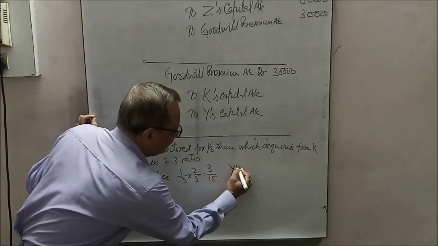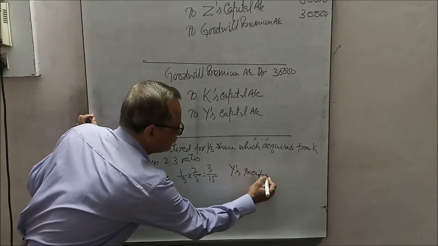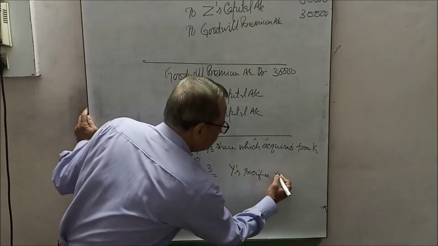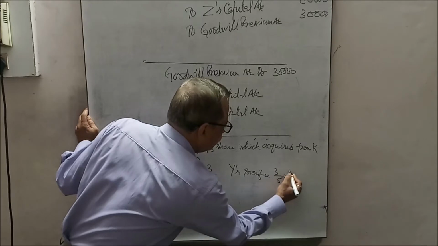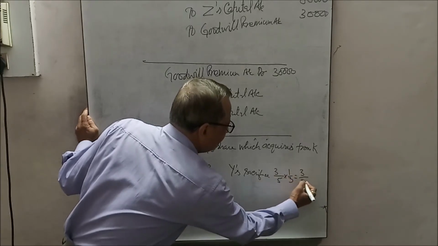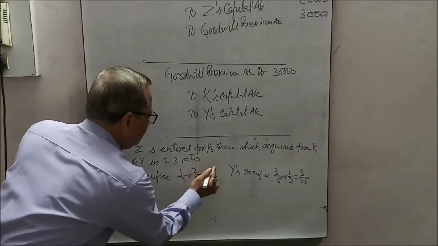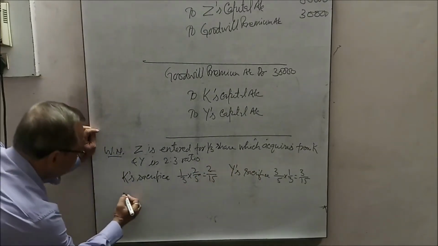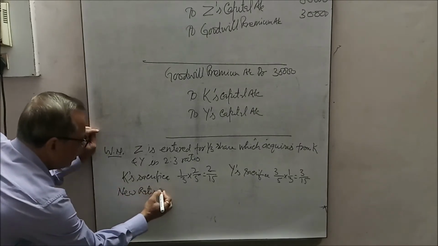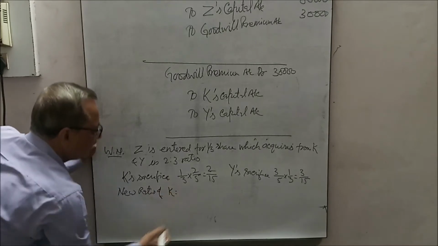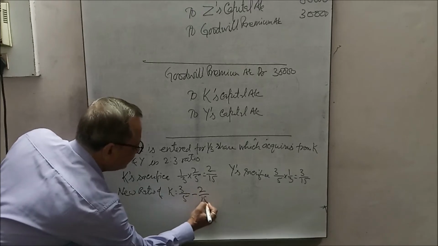And Y's sacrifice, 3/5 into 1/3, is 3/15. It's 2/15 and 3/15. New ratio of K is 3/5 minus 2/15.